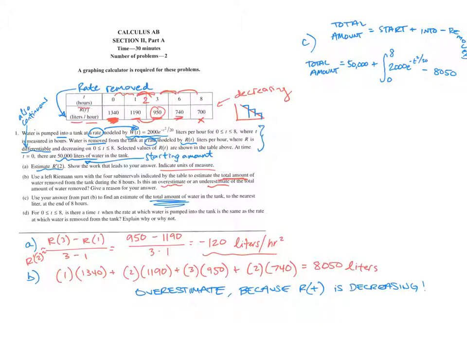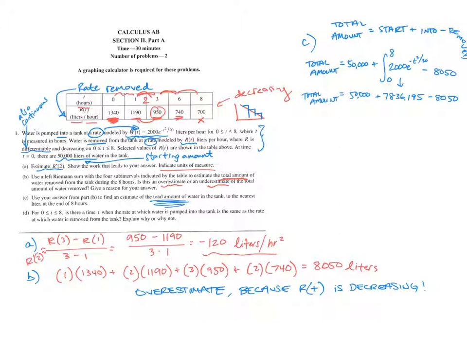After doing some work in my handy-dandy calculator, I found that the total amount is 50,000 plus the amount that we've added into the tank according to this integral, which is 7,836.195, minus 8,050.